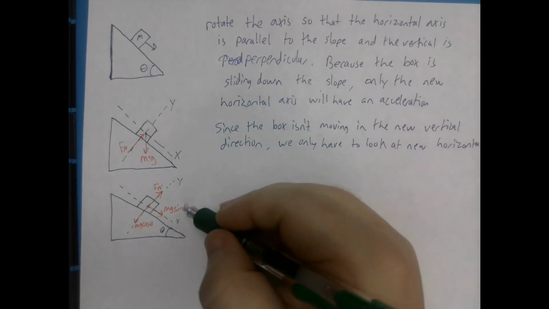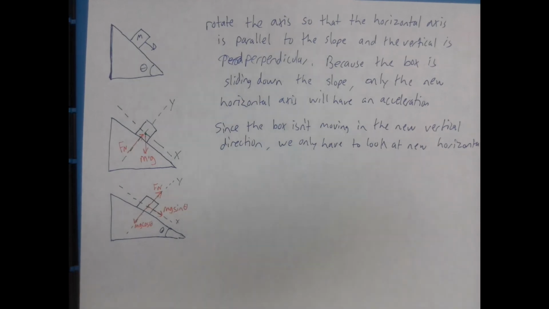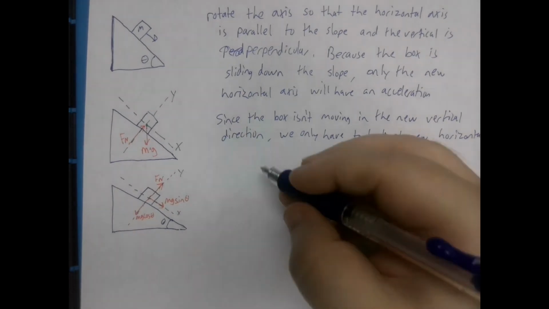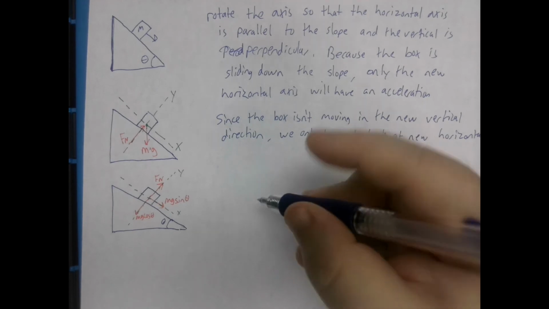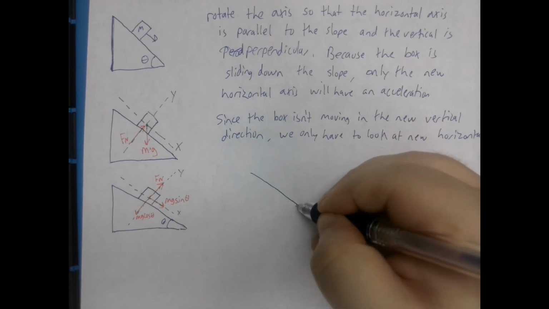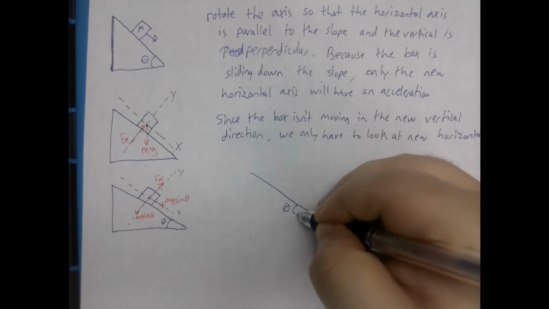And to illustrate how I chose sine instead of cosine, if we were to zoom in on this, we have a triangle here that's theta.